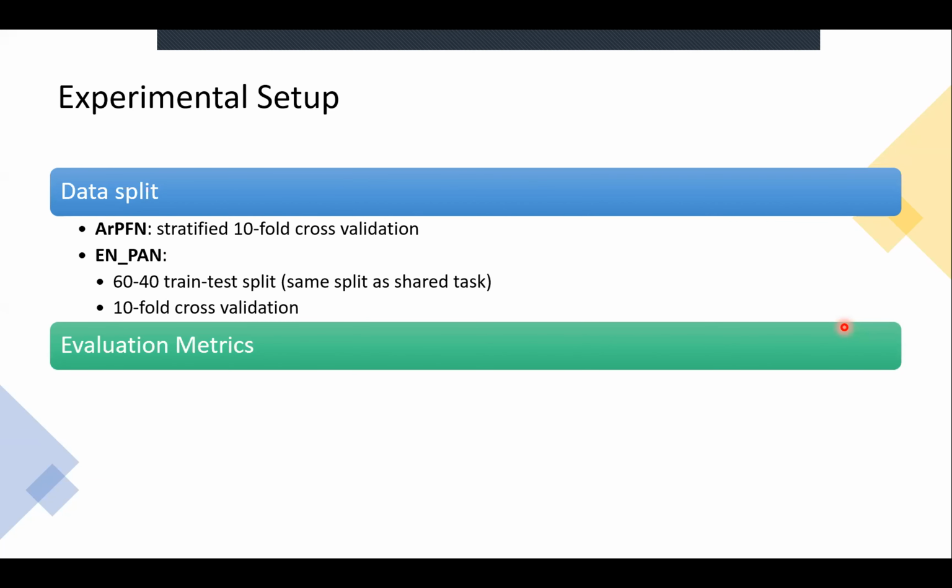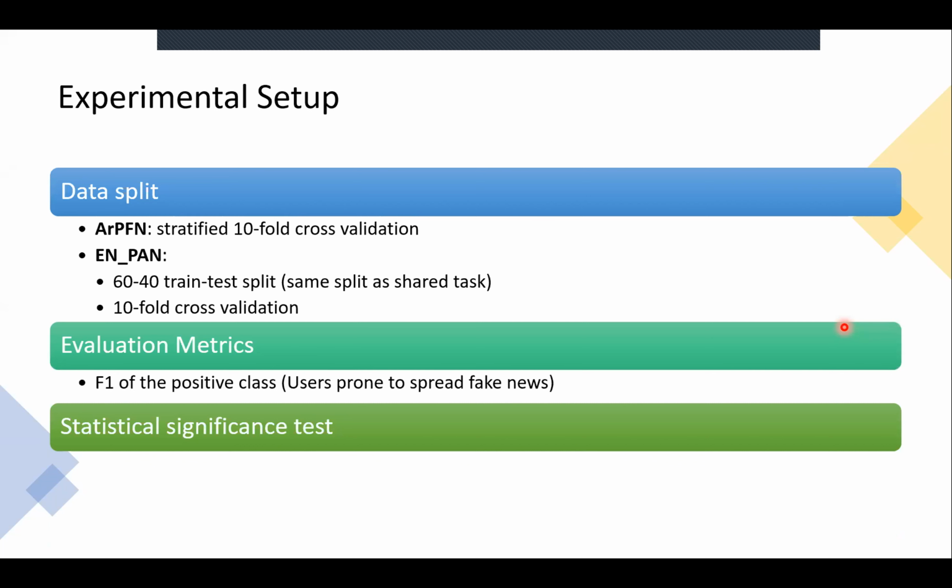To evaluate our results, we used F1 of the positive class, where the positive class is users labeled as prone to spread fake news. And we also did a statistical significance test. We performed a 2-tailed paired t-test with 5% level of significance on our cross-validation folds.